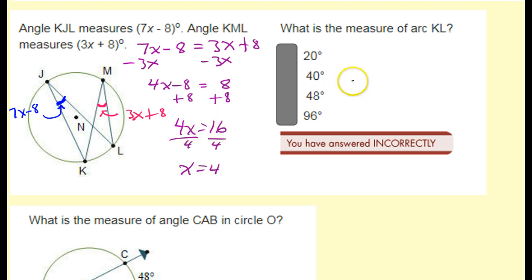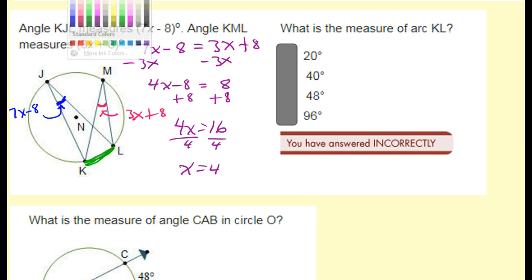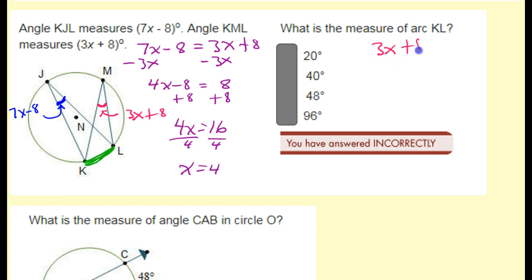Now, what do they want to know? They want to know the measure of arc KL. So in the end, we need to know this right here. Let's substitute 4 back into either one of these angles to figure out what the angle measure is. I'm going to use this pink one, red, whatever. We have the 3x plus 8.